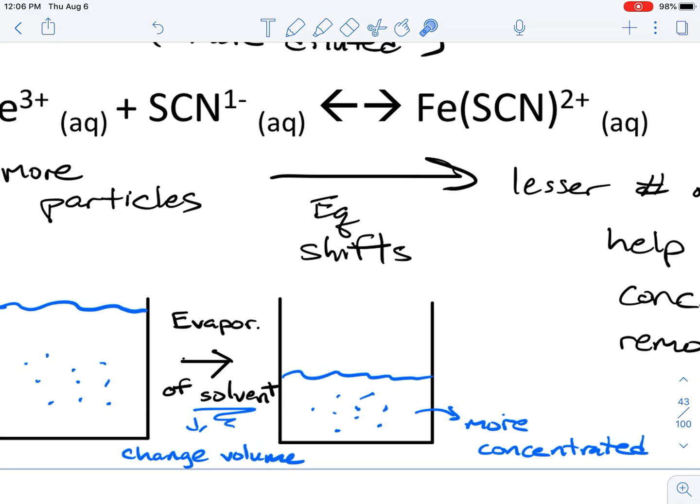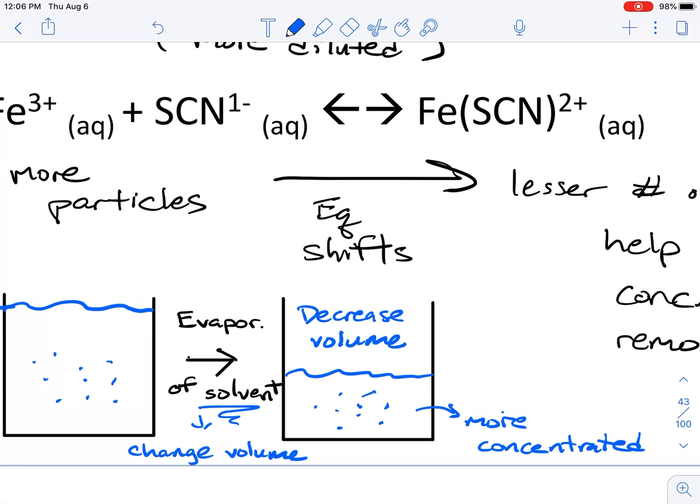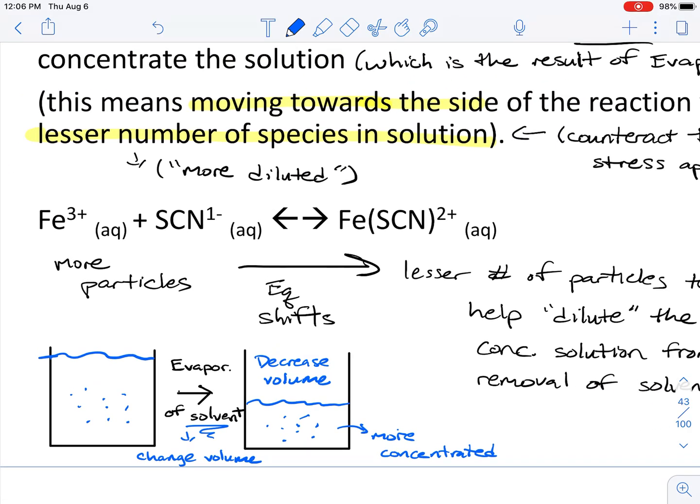Okay? And so overall, here we have a decrease in volume. And if we have a decrease in volume, the equilibrium will shift to the side that contains the less number of particles.